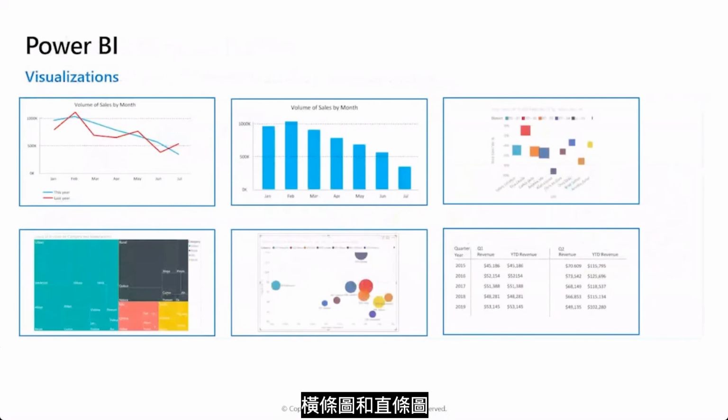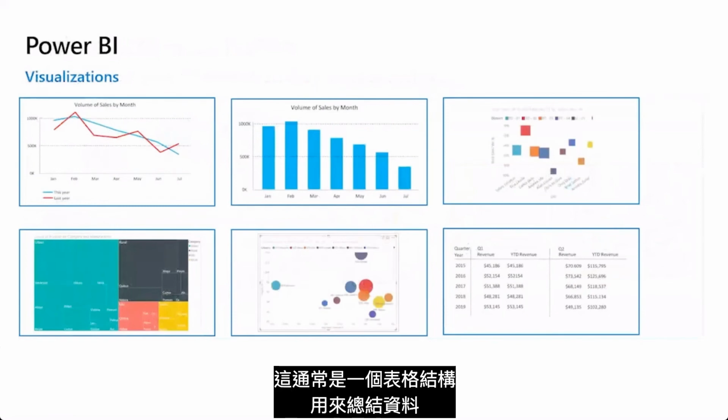With bar and column charts, they allow you to see how a variable changes across different categories. With line charts, we can see how the overall shape of the values are doing over a period of time. With matrices, these are generally a tabular structure that summarizes data.